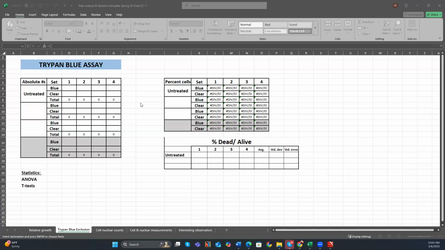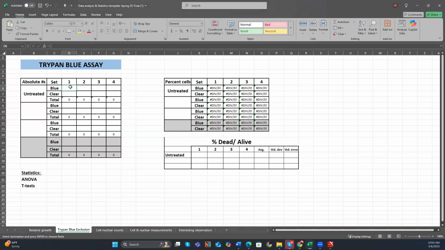So I'm going to take my untreated, Control V. My saffron.